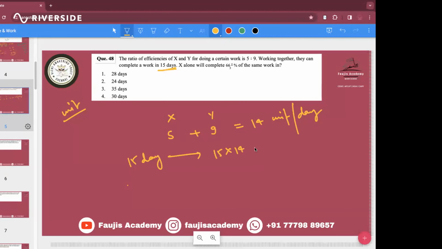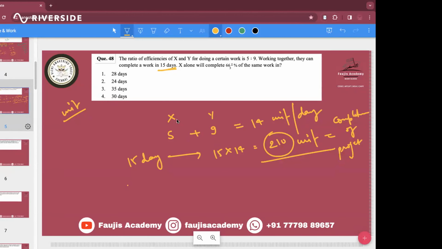How much is this number? 150 plus 60, 210. That means 210 units of work means the completion of the project. Completion of the project, 210.